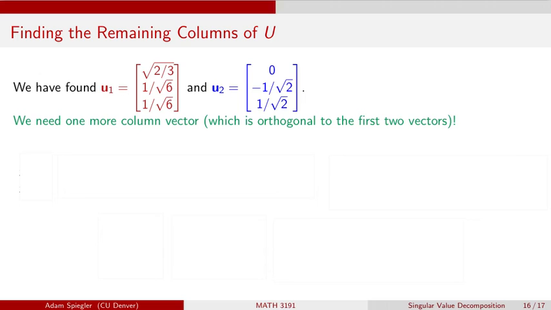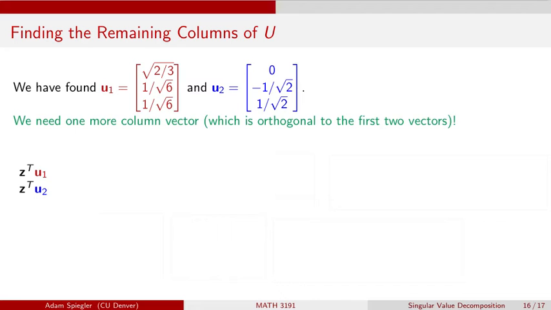All right, so now we're in the home stretch. One last task to do. We found 2 out of the 3 column vectors that we need for this left matrix U. So we need a third column, and that third column needs to be orthogonal to the first 2 vectors that we have identified. We can solve for it by considering the following conditions.